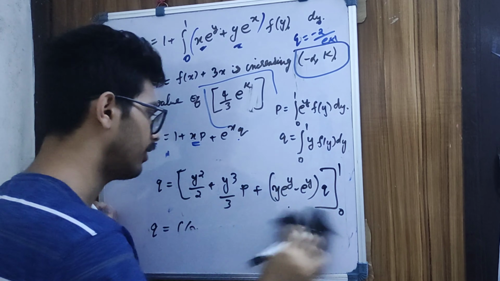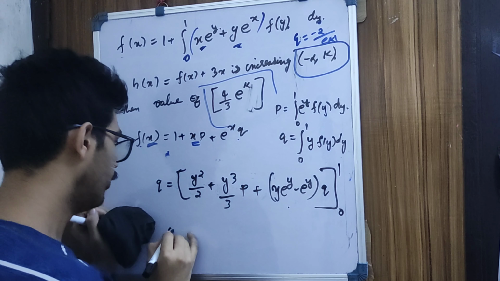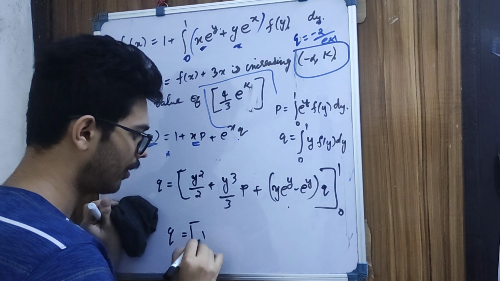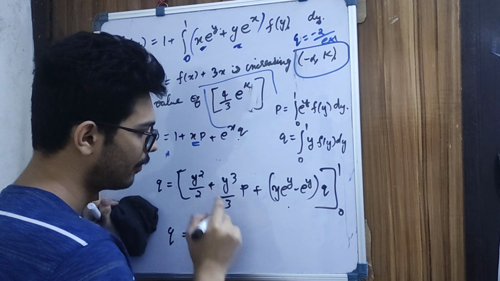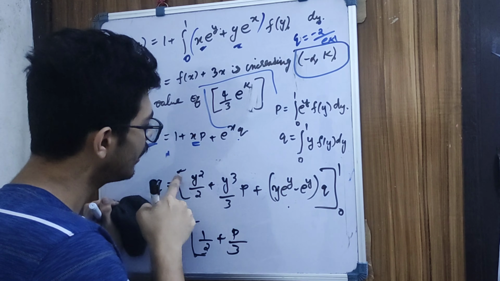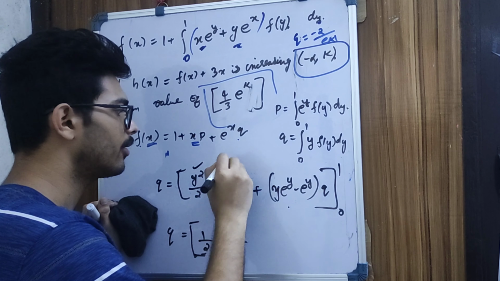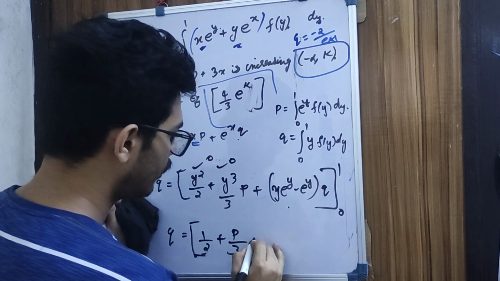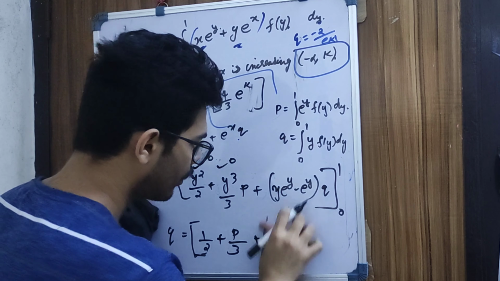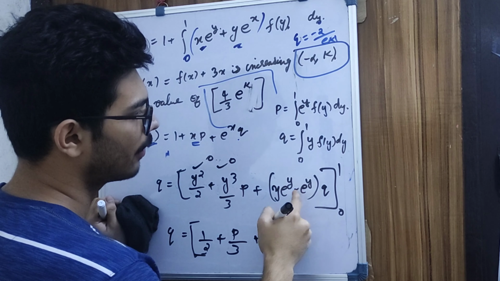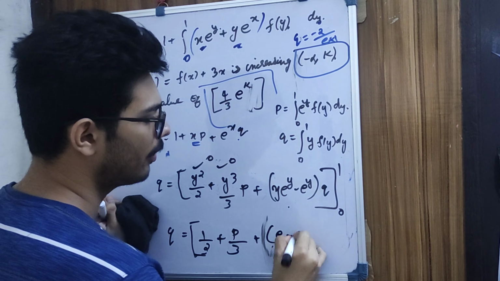Now we can solve this equation. Q equal to, we are giving the upper limits 1 divided by 2, 1 by 2 plus p divided by 3. Y cube will be equal to 1. And giving lower limit to these two terms will be equal to 0. So no need. And we are giving upper limit to this value. 1 into e raised to y will be equal to e, minus e raised to 1 will be equal to e.